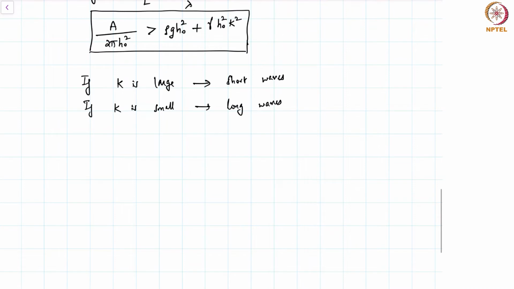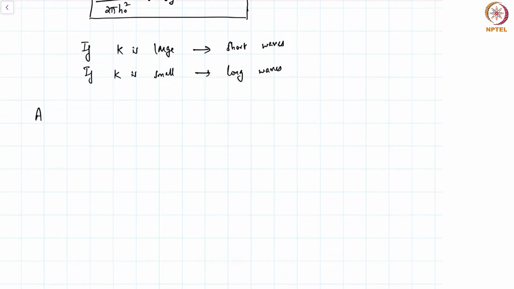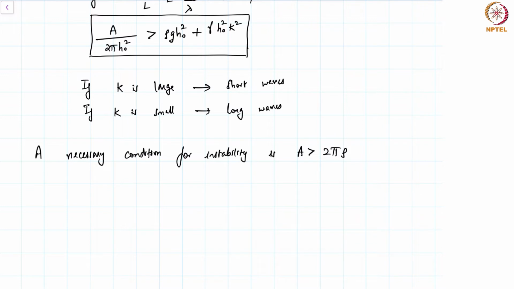Okay. So if the left hand side has to be greater than the right hand side, the easiest way we can fulfill this is by taking the second term, which is gamma h0 square k square, to be as small as possible, and we get a necessary condition for instability: A has to be greater than 2 pi rho g h naught power 4.